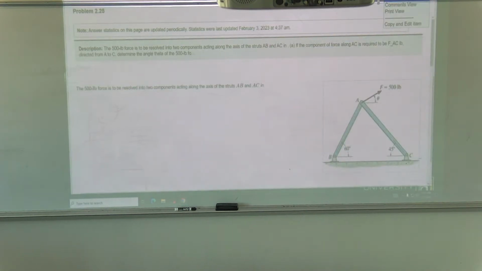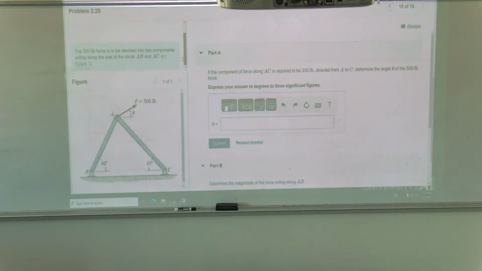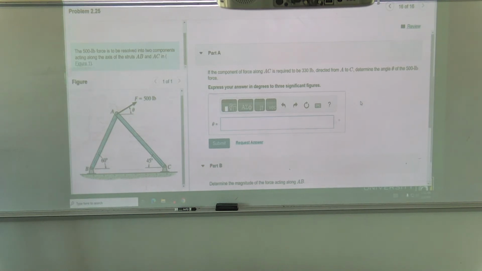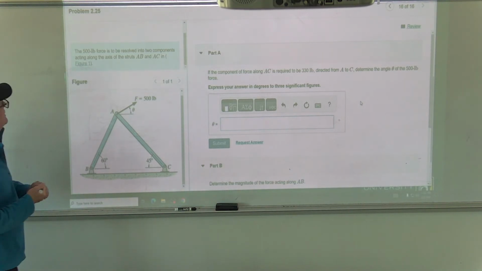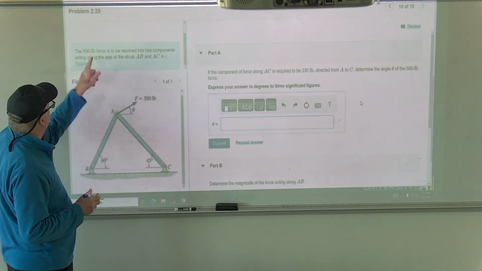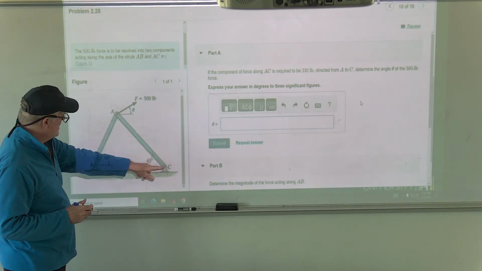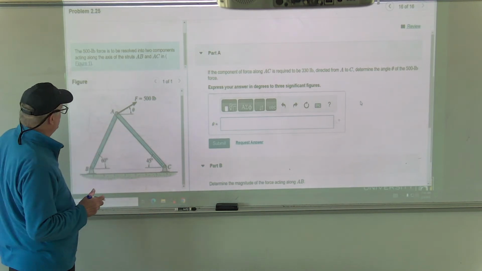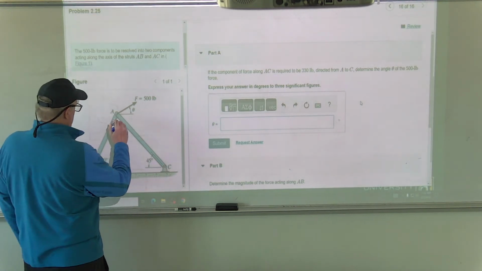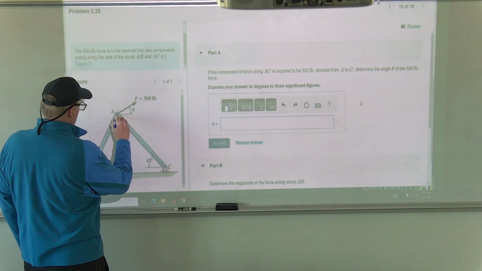Okay, let's do standard view. And it says, well, the picture shows that as well. So 500 pounds to be resolved along AB and AC. So you could look at it like this. Really doesn't matter which way I draw it.